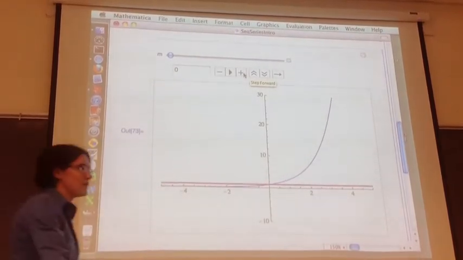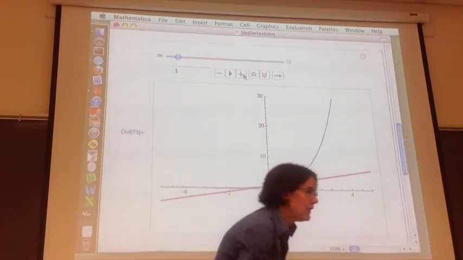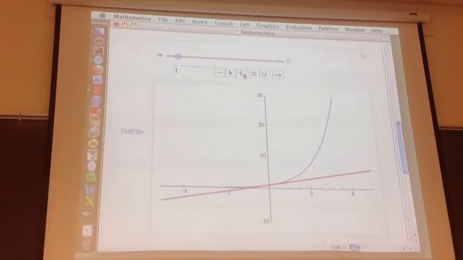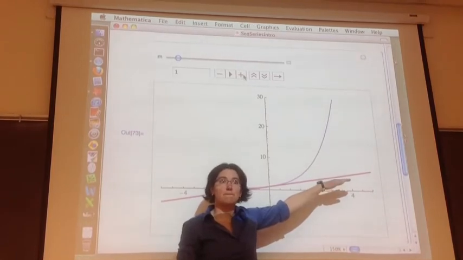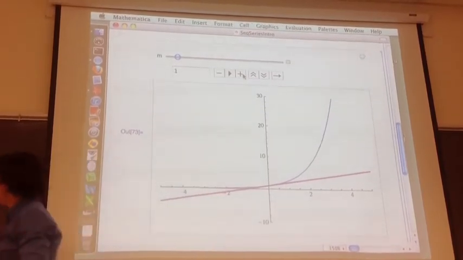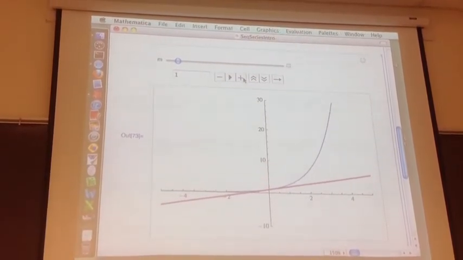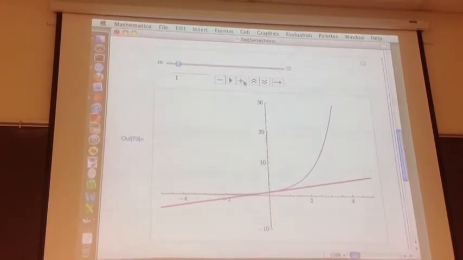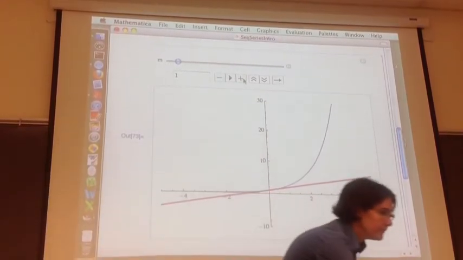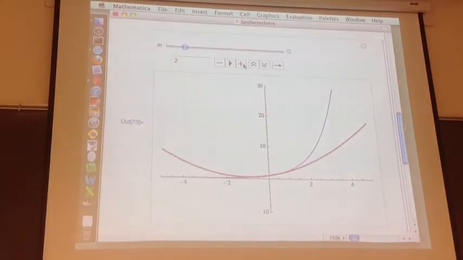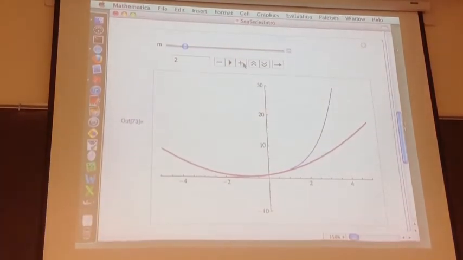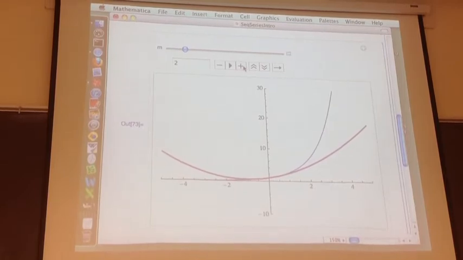And so if I hit the plus sign, then I get the function y is equal to 1 plus x. If I hit the plus sign again, I'm going to graph 1 plus x squared over 2. I'm going to be looking at a degree 2 polynomial. And if I move another step forward, then I'm going to be looking at a degree 3 polynomial.